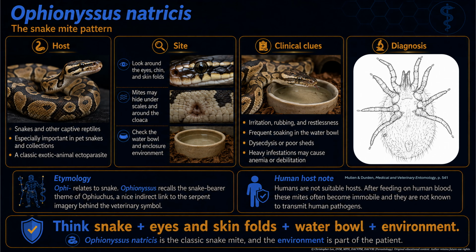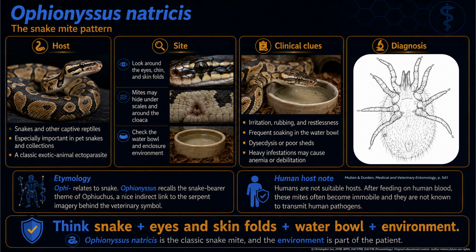Clinically, this is a snake mite. Think captive snakes and other reptiles, especially around the eyes and nostrils, between scales, within skin folds, and near the cloaca. We can also see it along the ventral body. Remember to inspect the water bowl and enclosure because the environment is part of the patient.